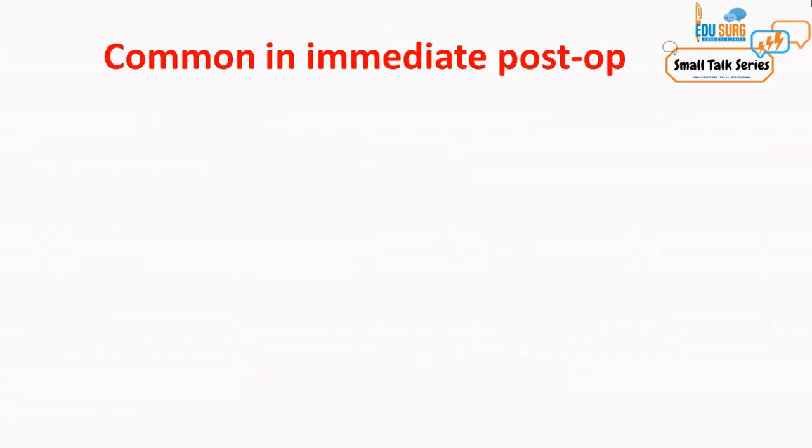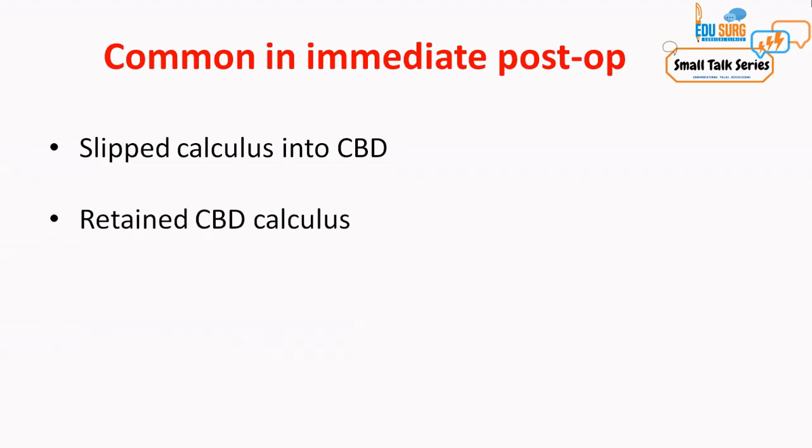So if you are suspecting a biliary etiology in postcholecystectomy syndrome, few of the very common conditions that are seen in the immediate postoperative period leading to continuation of symptoms are a slipped calculus from gallbladder into the common bile duct, and this you can see immediate post-op.